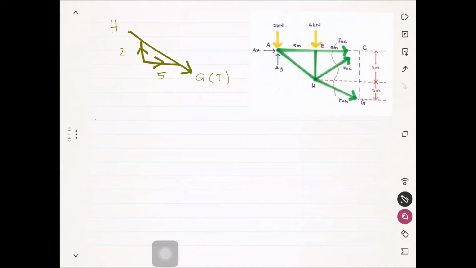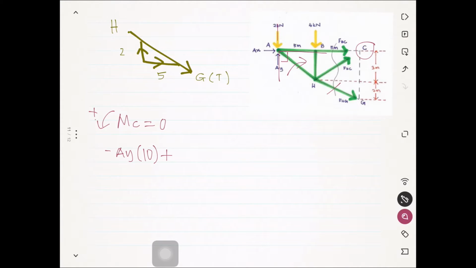Moment at point C to find the force FHG. So let's do the moment at point C. MC is equal to 0. We assume anti-clockwise is positive, and negative AY multiplied by 10, which is from AY to C, 90 degrees, so it's clockwise.